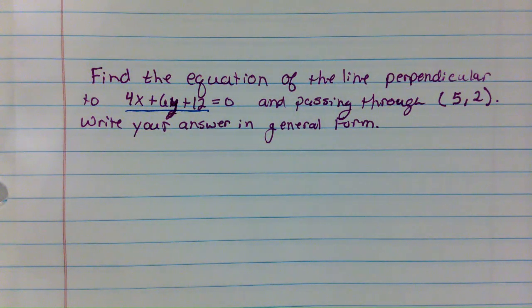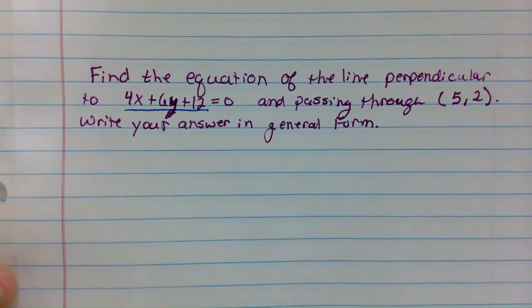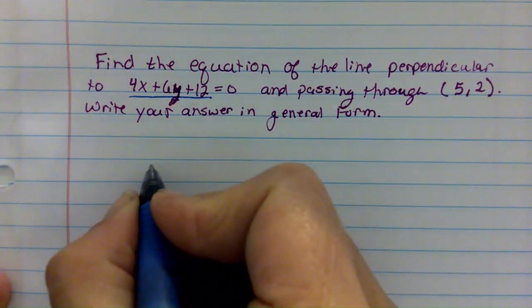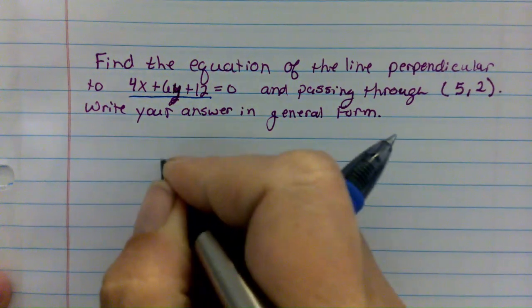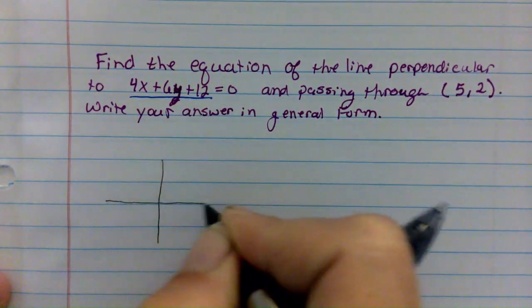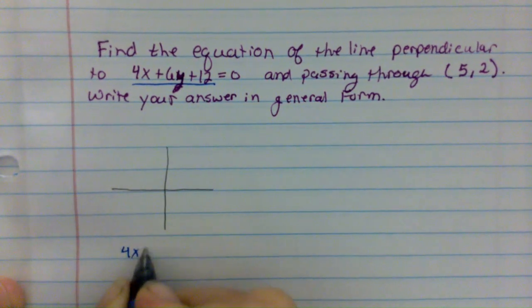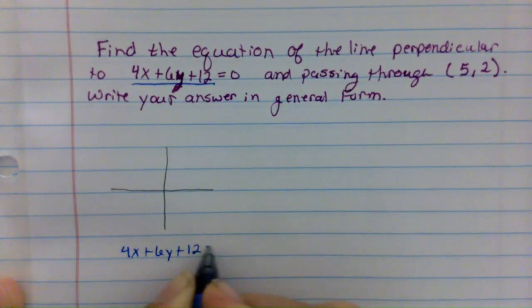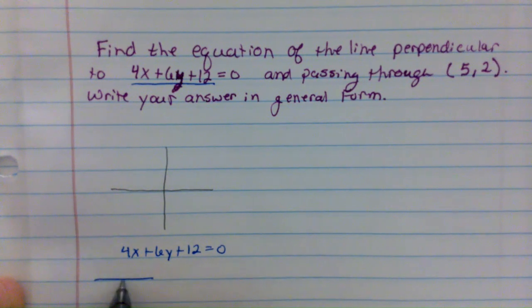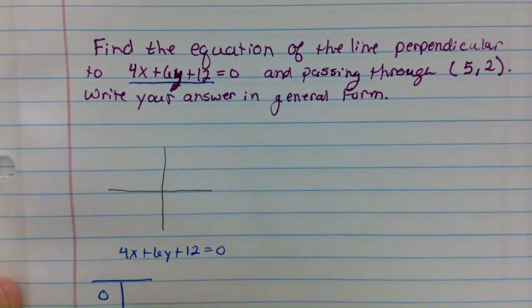I'm going to graph it, but I'm not going to use my graphing calculator because then I have to get y by itself, and who knows, I might make a mistake. So I'm going to graph this. I know it's a line, so I'm going to find my x-intercept and my y-intercept.